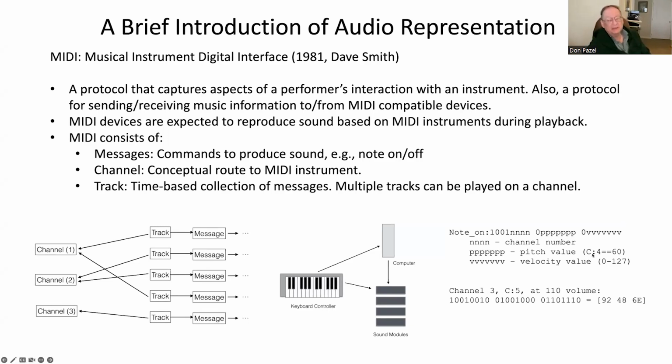You know, middle C is C4. I'll talk about that later. That has a value of 60, and C sharp 4 would be 61, and so forth. So that's that. The P, and then the V's is kind of like, think of it as volume, even though they use the word velocity. It's part of the nomenclature of the MIDI protocol.